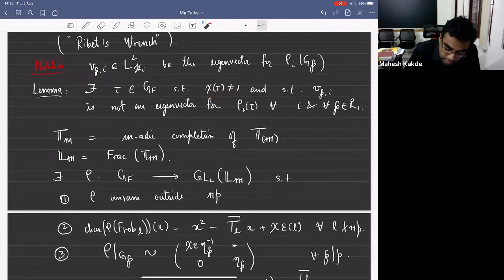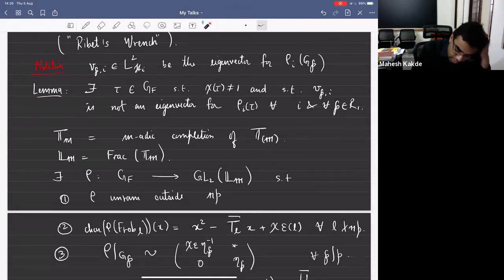Chi of tau is not 1, and V sub P comma I is not an eigenvector for rho sub I of tau, for every I and for every P. And this is something like a Chebotarev density argument: you can choose it for one I and P, and then amongst those you can choose another one, and so on. So it's some kind of topological argument that such a thing exists. So it's not hard. It's proven in our paper, for instance.